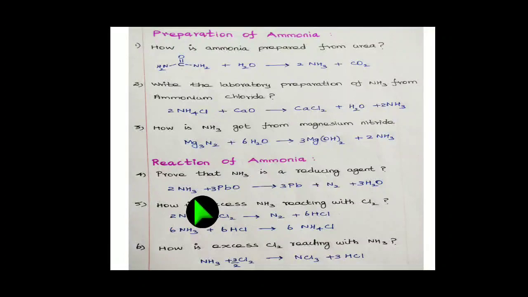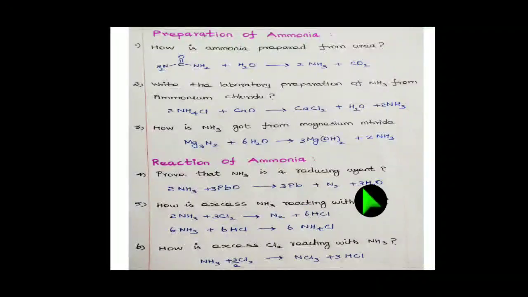Here 6, 2 into 3, 6. Just I give 3 hydrogen. Then only hydrogen is balanced. 3 oxygen. Here also 3 oxygen. Both left and right, lead is also balanced.